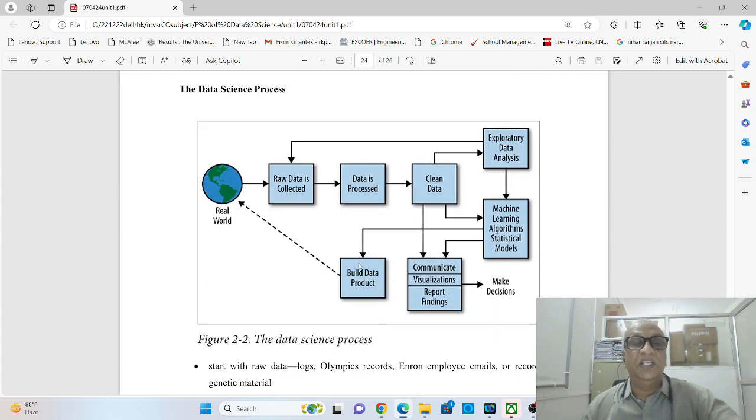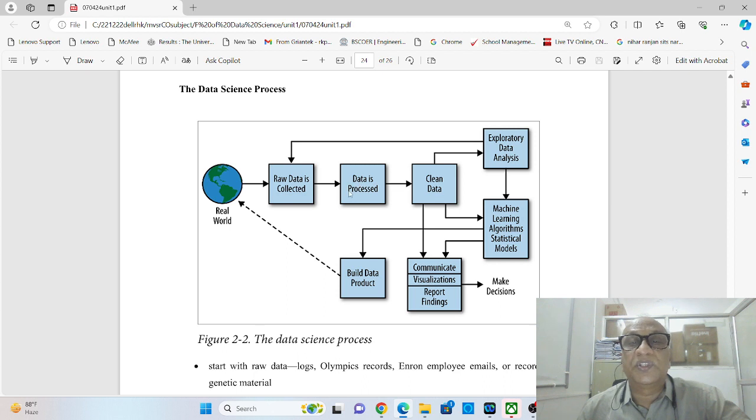Coming to the data science process, this is the diagram from the prescribed textbook, which explains the data science process. So we are starting from the real world. From the real world, we are collecting the data. That data can be anything: logs, emails, records.